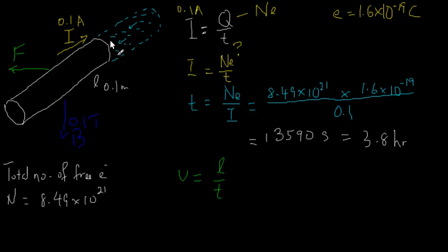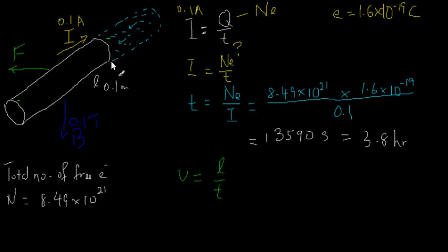In case this seems difficult to understand, we can imagine that an electron that starts near this end of the rod, maybe an electron here, would in this time travel to here, over this distance.